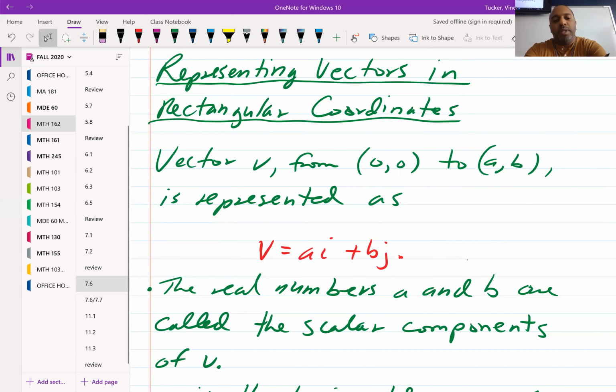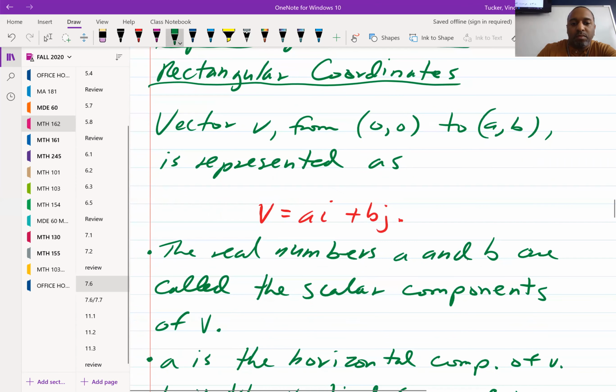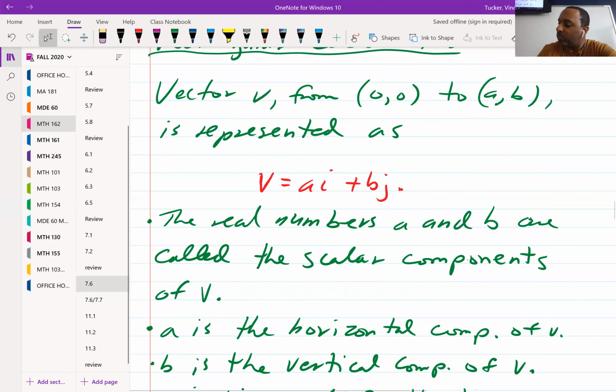So the real numbers A and B are called the scalar components of V. A is your horizontal component, B is the vertical component.